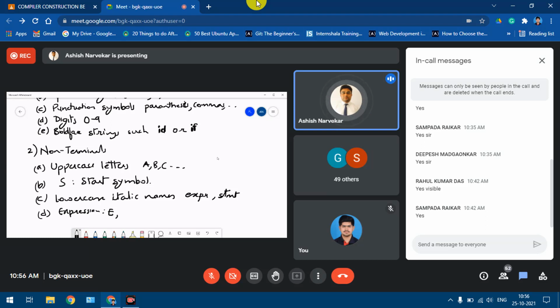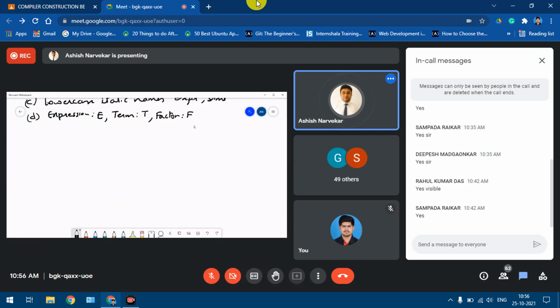This will be more clear when we take up an example. For term, you can use T. If there is some factor in an expression, then you can use F. Okay. So these are just those basic notational conventions which are used in case of a context-free grammar.